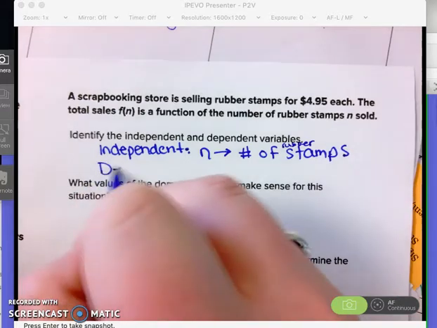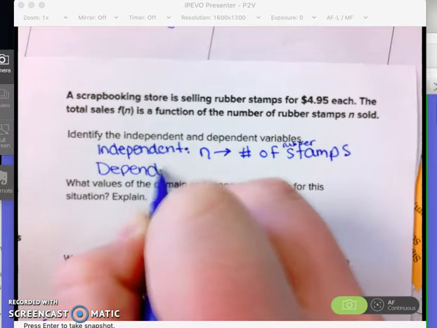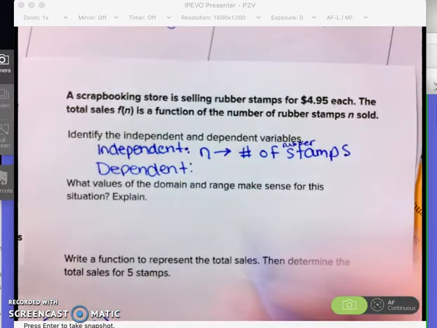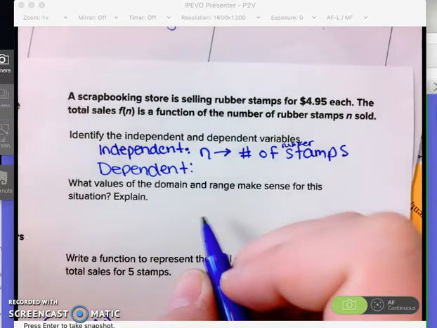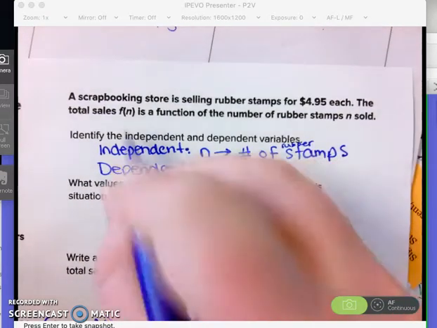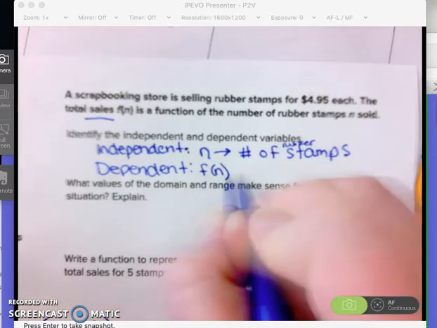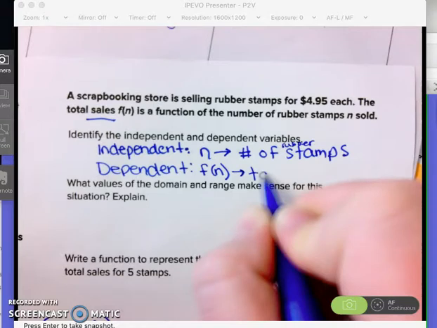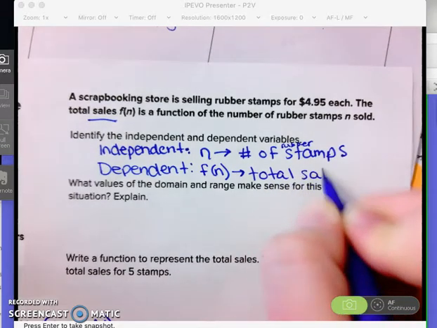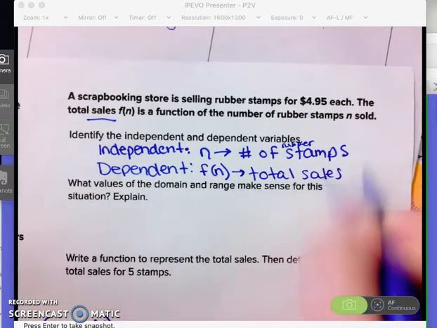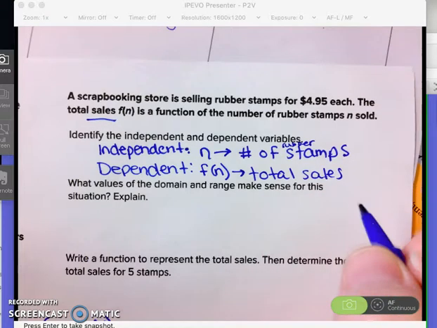And then my dependent, which one depends on the other one? Well, it is going to be my total sales, f of n. The total sales will depend on the number of rubber stamps I sell.